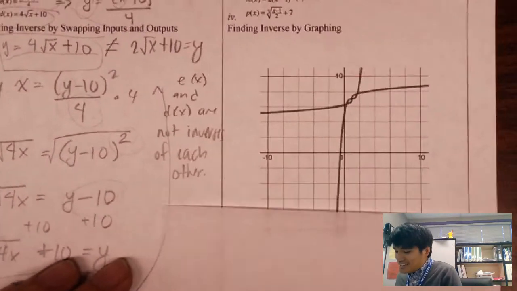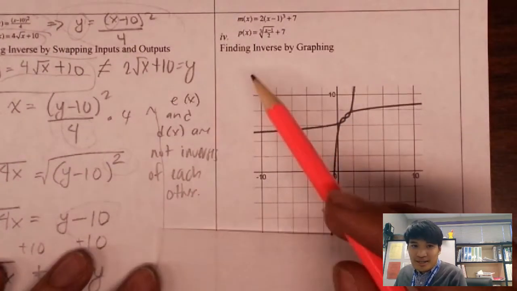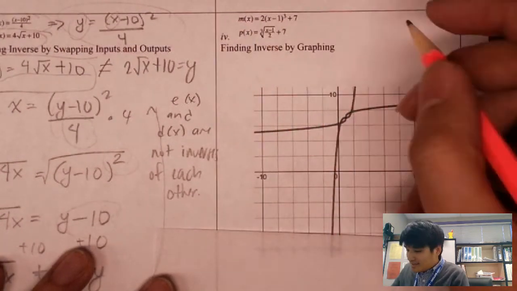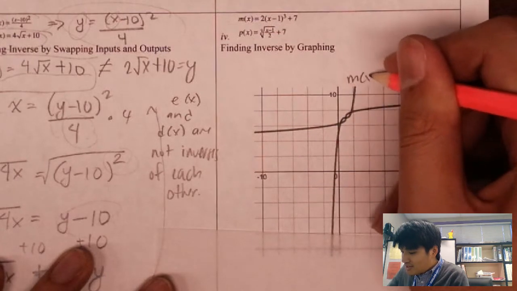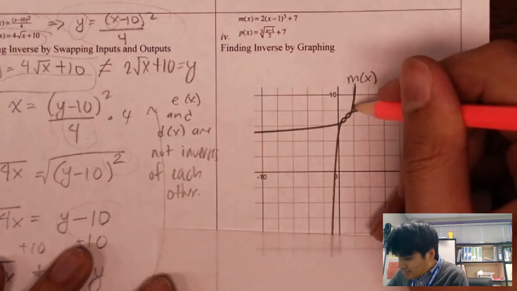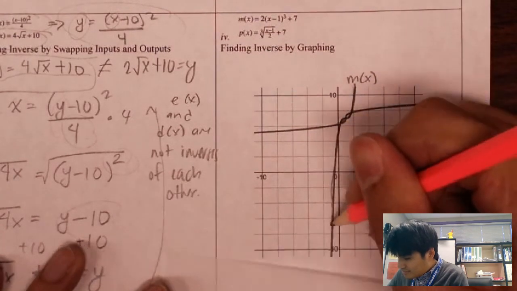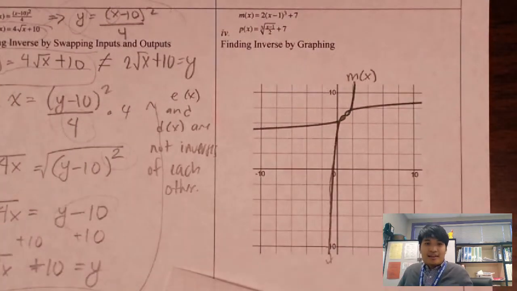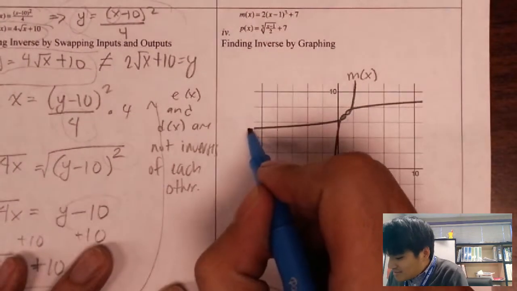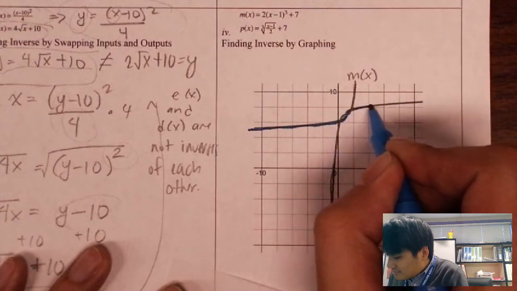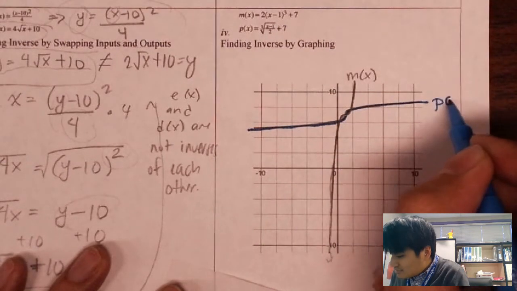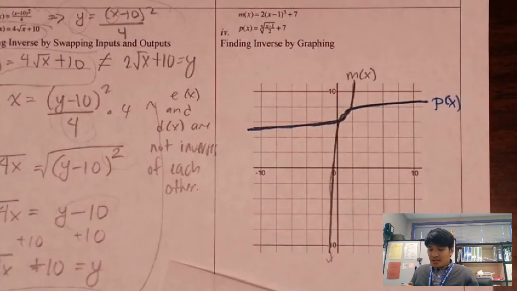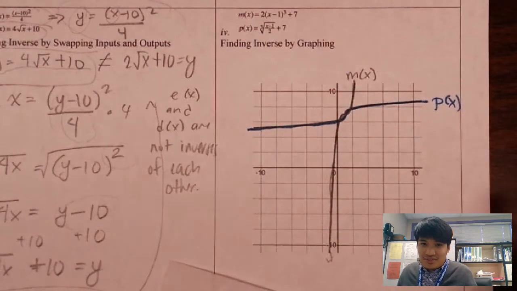So essentially, these are two graphs. This m of x is actually this equation, this line right here. M of x is this line. And then P of x is going to be this line over here. Just like that.